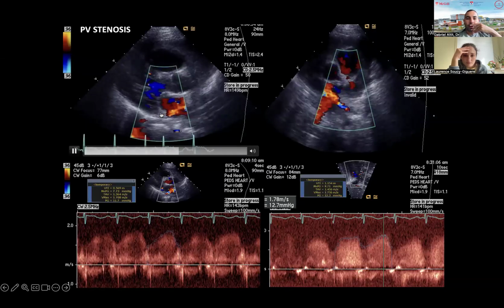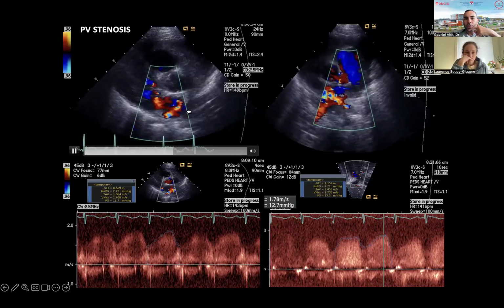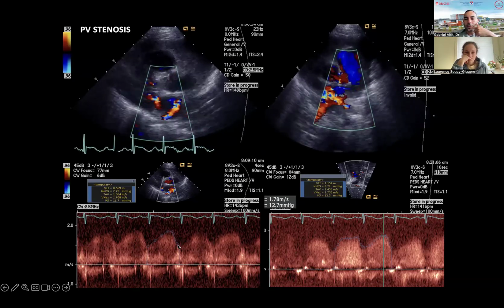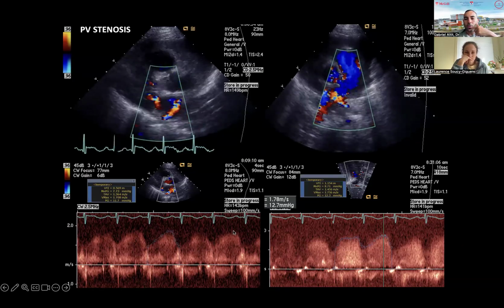So that's an example of pulmonary vein stenosis where you have a high Nyquist and you see this flow that's almost continuous, looks like a flame. You see it at two levels. So these lower veins are definitely accelerated, and you see that they've lost this phasicity. It's like one block, one block, one block.